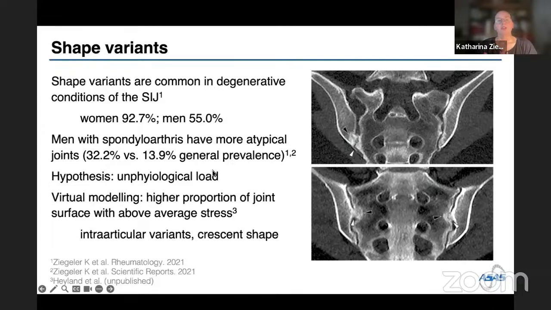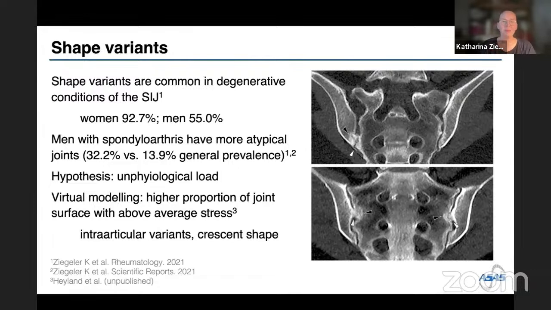And from this, we derive the hypothesis that atypical joints must have changes in mechanical load, because that is basically what the data suggests. So what we did was we tried to model these joints, much like the computer simulation I showed you before. So basically get a mechanically feasible 3D representation of the joints and expose them to stresses and see what happens.